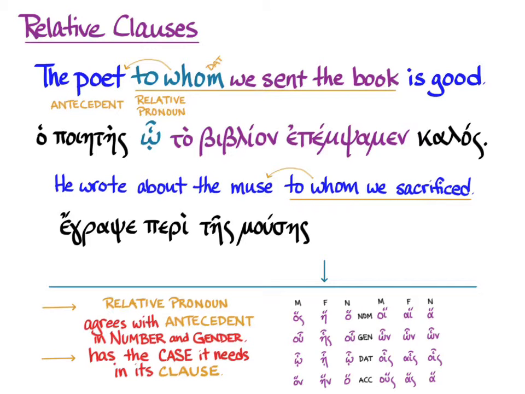To whom is the indirect object of we sacrificed, and so we will use the dative feminine singular. Let's write that in, he, and then the rest of the relative clause, ethousamen. And so we get έγραψε περί tes muses, he ethousamen. He wrote about the muse to whom we sacrificed.